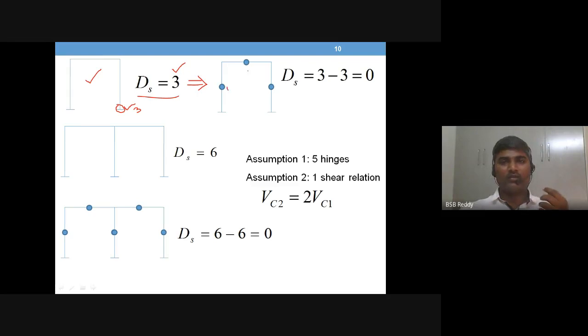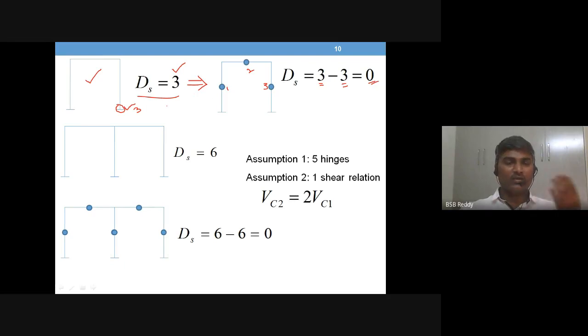So 1, 2, 3, there are 3 members. So we got 3 zero moment equations. So you have 3 reactions and 3 equations because of the first assumption, that is becoming 0.